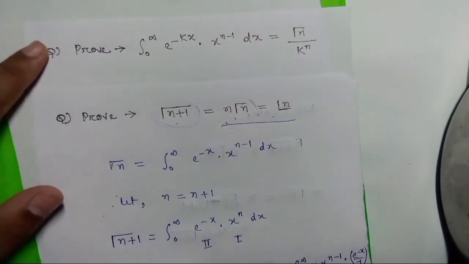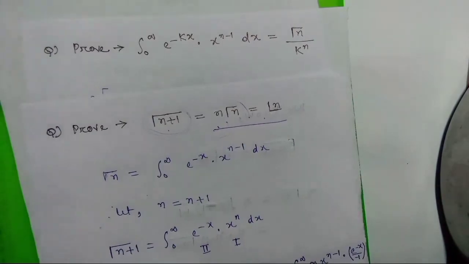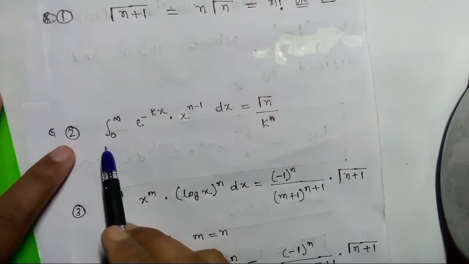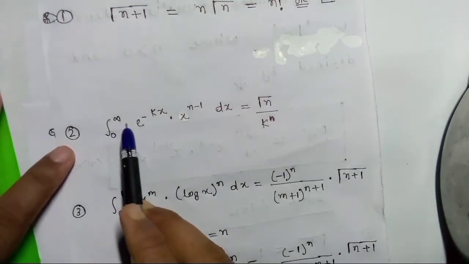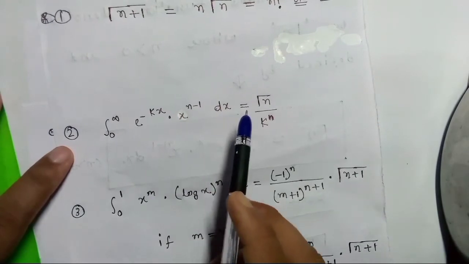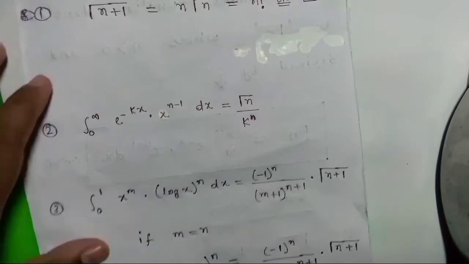So our next property is integration 0 to infinity e to the power minus kx x to the power n minus 1 dx is equals to gamma of n divided by k to the power n. Okay, so we prove this one.